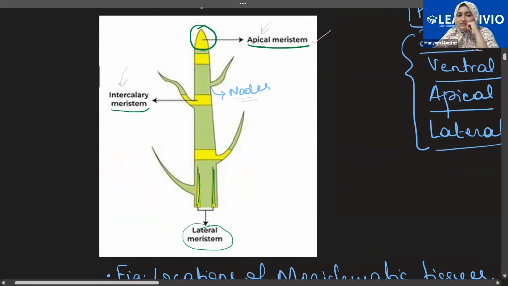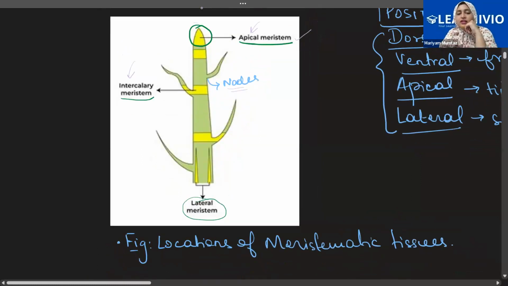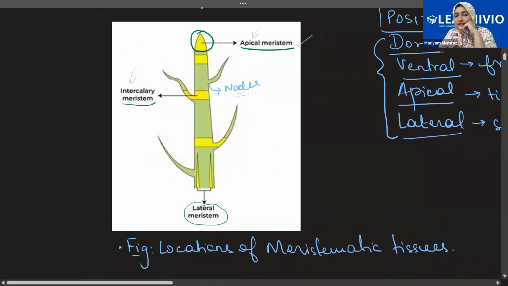Then the lateral meristem: lateral is the side position, so the lateral meristem will be present at the side. So this is the figure that tells us about the location of meristematic tissue.